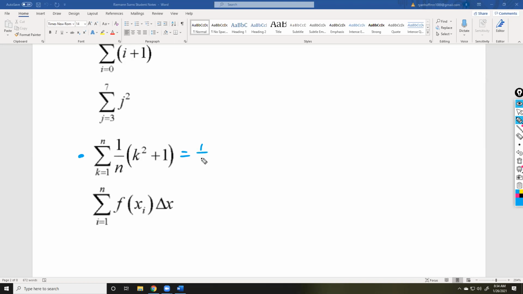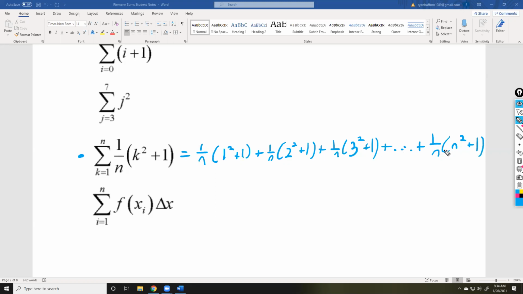So this is going to look like 1 over N times 1 squared plus 1, plus 1 over N times, well, now we're going to put 2 in for K, plus now we're going to put 3 in for K, all the way up to putting in N for K. So the term before this would be N minus 1.